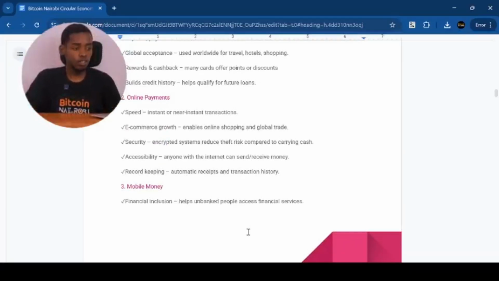So what are the advantages of online payments? Number one, payments are instant or near-instant transactions, so it's very fast. It also enables online shopping and global trade, so there is that concept of e-commerce growth. Also, it's very secure.